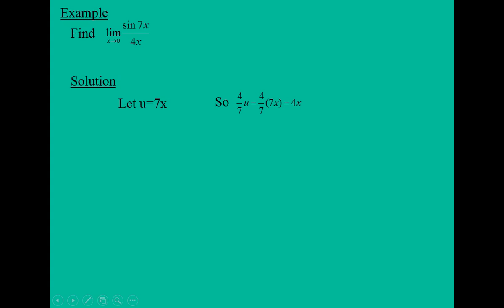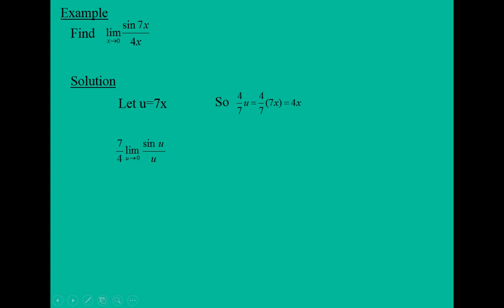So we could rewrite by multiplying u by 4 over 7. We could get 4 over 7 times u equals 4x. So we would have 7/4 times the limit. Now remember, when you use a new variable, you have to replace everything in terms of u, and also you have to replace, as x goes to 0, you have to say, well, where is u going to?